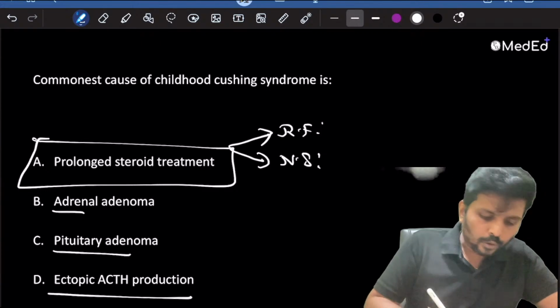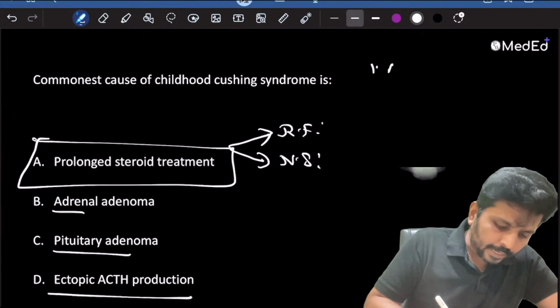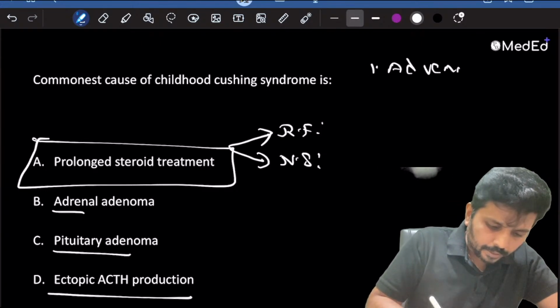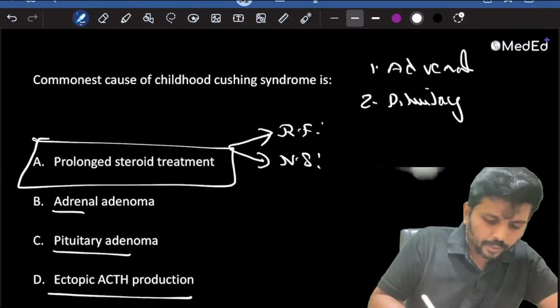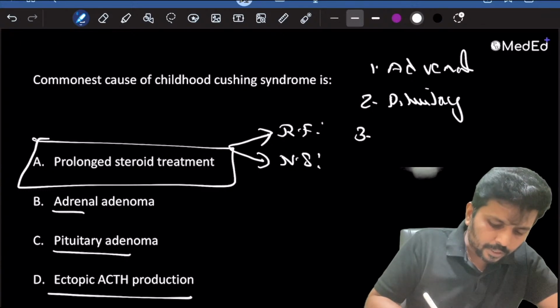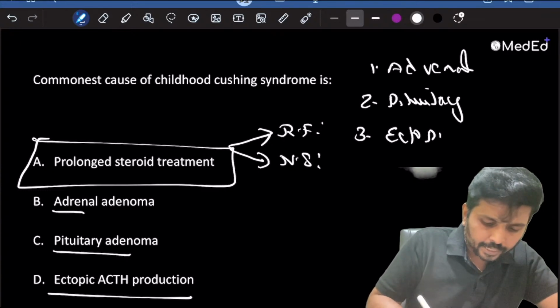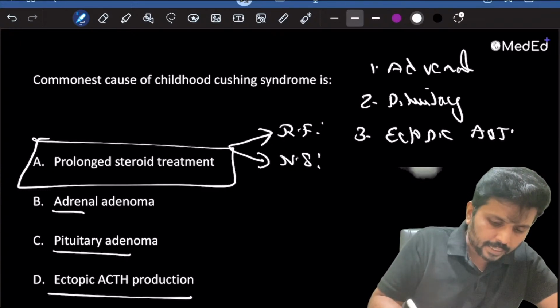Okay. So now, first one, ACTH can be produced in the adrenal. Second one, it can be produced in the pituitary. Third one, it can be produced ectopically.